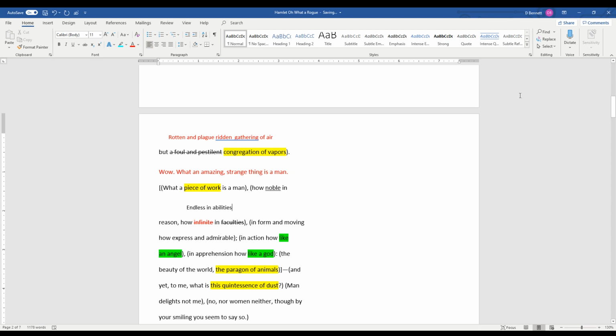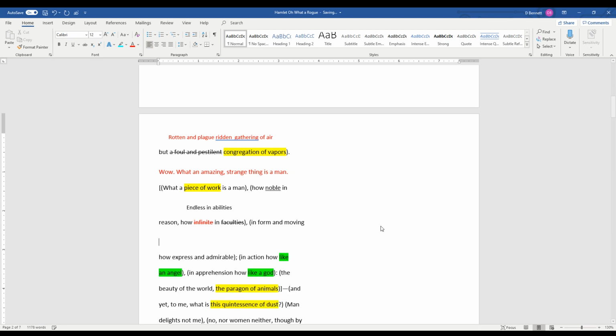So how noble in reason, men are able to reason. How endless are their abilities. In form, meaning in body, and moving, how express and admirable. Express just here simply means expressive.